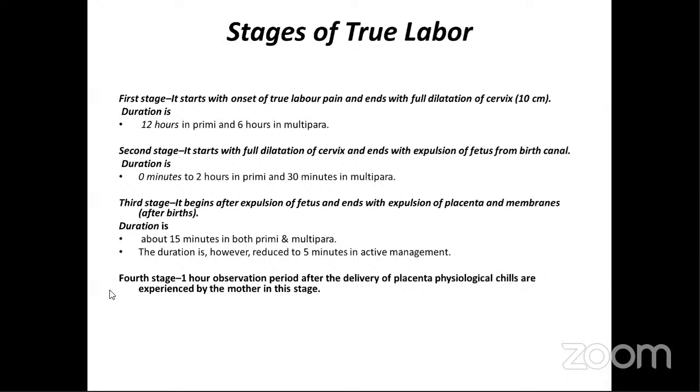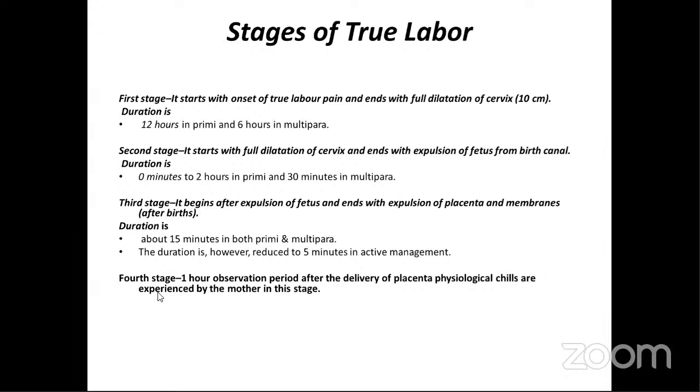The fourth stage is important because you need to monitor the patient for any excessive bleeding or postpartum hemorrhage. The patient has a high risk of developing an atonic PPH or even a traumatic PPH, which may go unnoticed at the time of delivery and be missed. So you have to observe the patient for the next 1 hour.